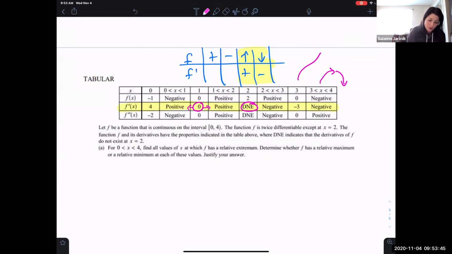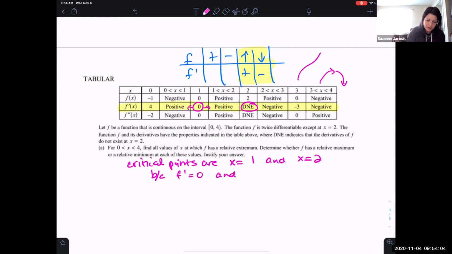So the critical points are x equals 1 and x equals 2, because f prime equals 0 and f prime is undefined, respectively.